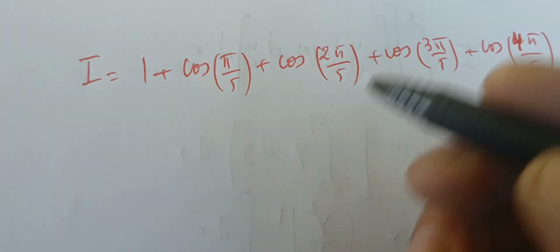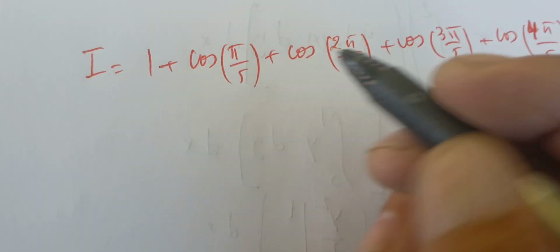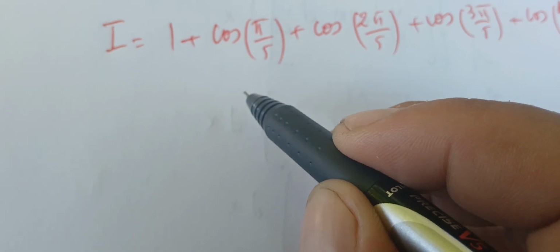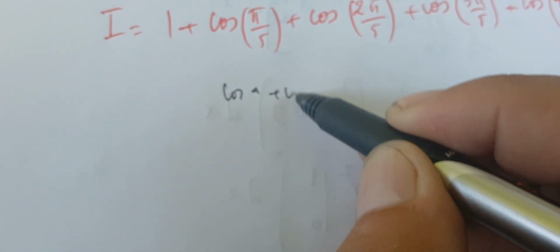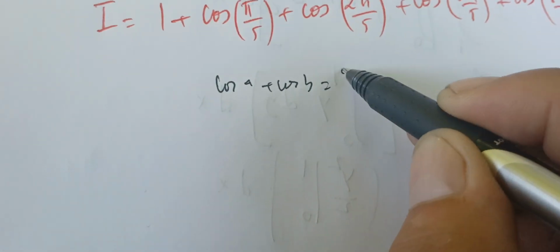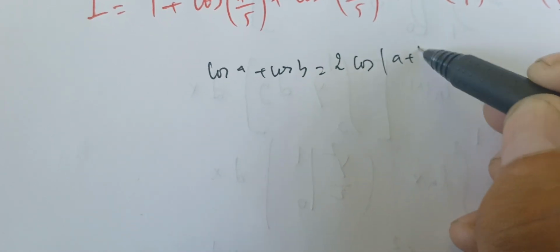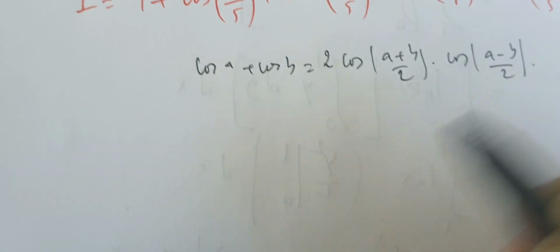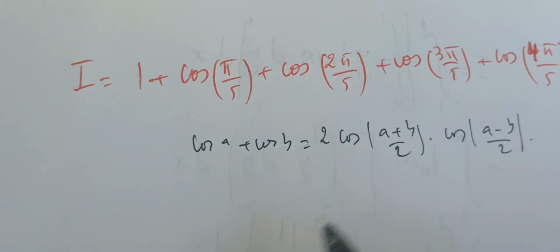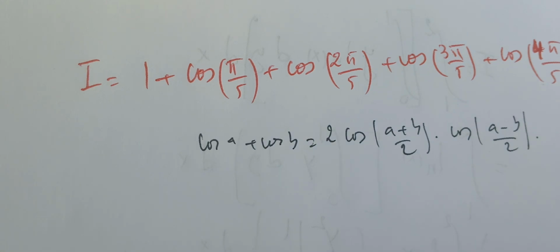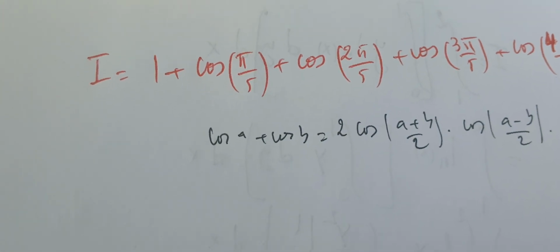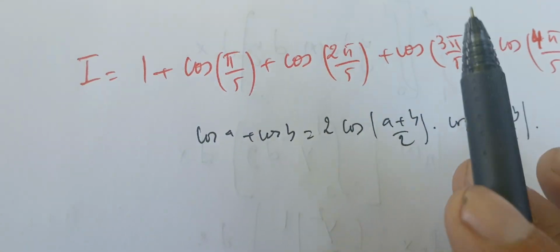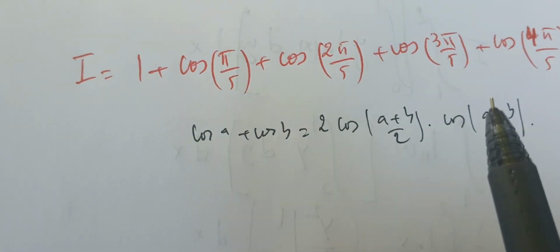We need algebra, and the best way of doing algebra is this formula here for the cosine of A plus the cosine of B, which is equal to 2 times the cosine of (A plus B) over 2 times the cosine of (A minus B) over 2. Here, we're going to choose A and B carefully just to make the computation easy.